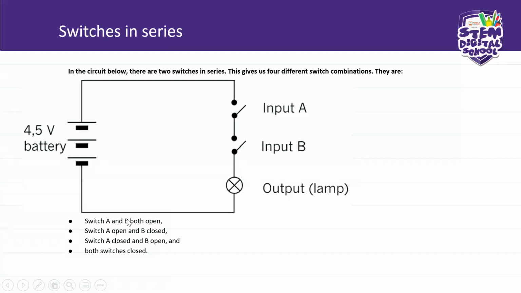Switch A and B are both open. What happens when switch A and B are both open? Will the output component, will the light be on here when these 2 are open?